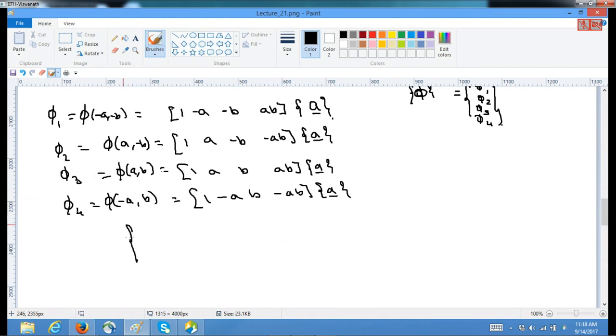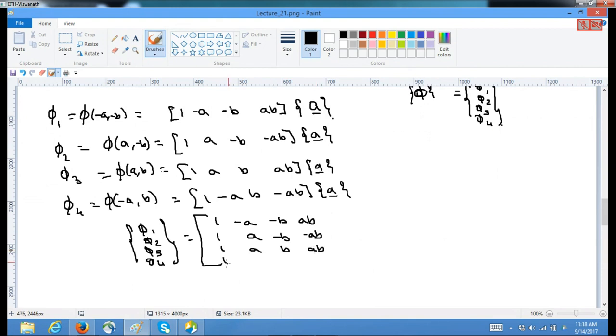So I can write this thing as V1, V2, V3, V4 is equal to 1 minus A minus B AB, 1 A minus B minus AB, 1 A B AB, 1 minus A B minus AB times.